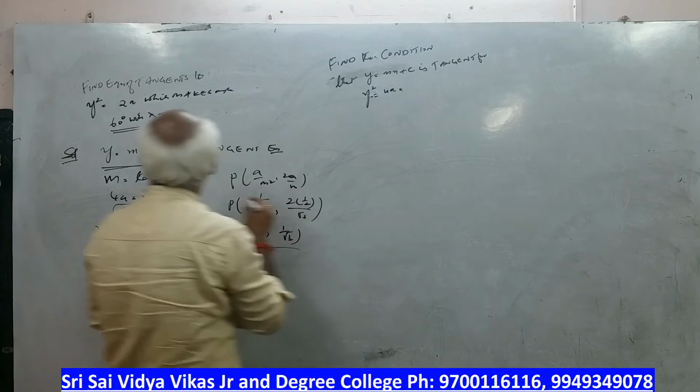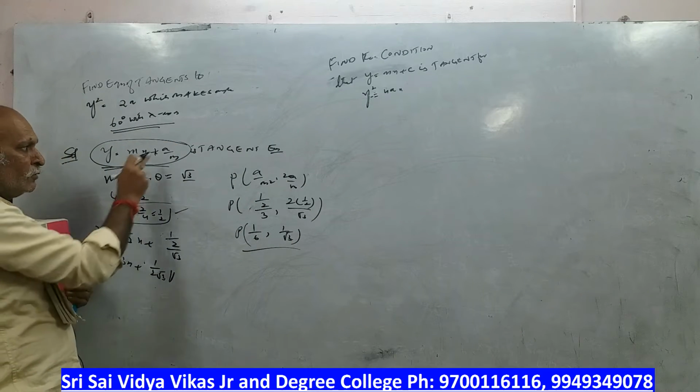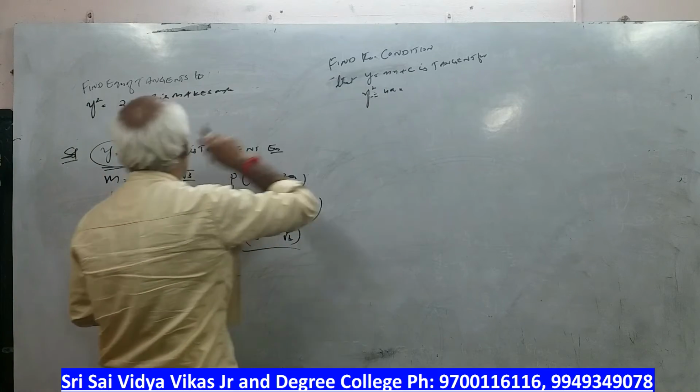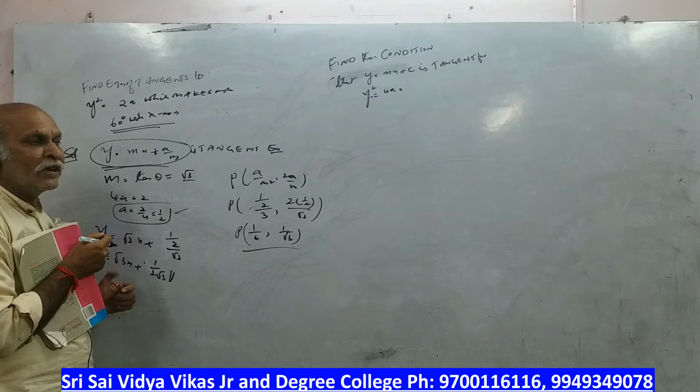See, observe here. Every time we are writing y is equal to mx plus a by m. Now, what we are going to prove? This c value is equal to a by m. In this proof, what is it that we are going to prove now? C is equal to a by m. We are going to prove this.